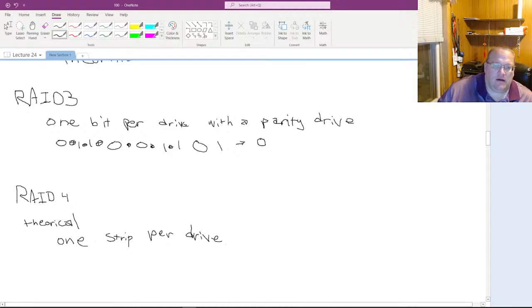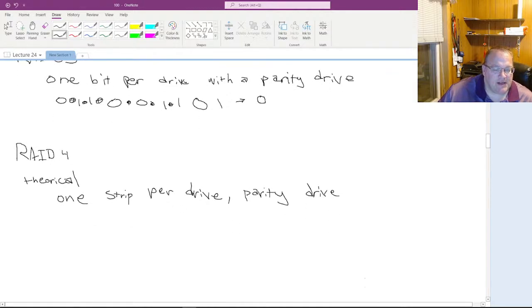And then you have a parity drive as well. So what you'll do with this is you'll look at the first position. So let's say we had these numbers 1, 1, 1, 1, and 1, 0, 1, 0, and 0, 0, 1, 1. Okay. Let's just say we have 3 for simplicity.